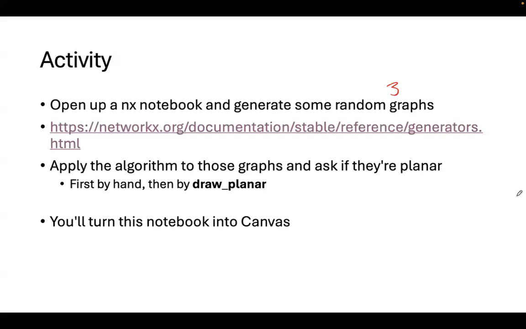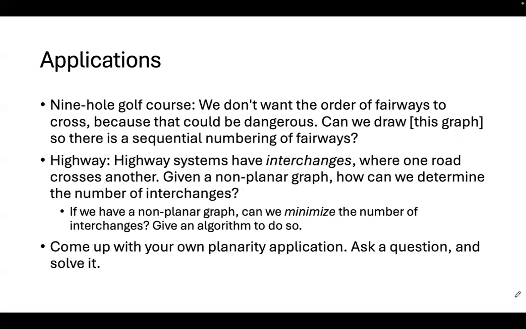I want to add in another activity that you can spend the class time working on. So one of them is the 9-hole golf course, where if we had something like, let's see, the book has this drawing where, if this is 1 and then this connects to fairway 2, and then it crosses, and then goes back to fairway 1.